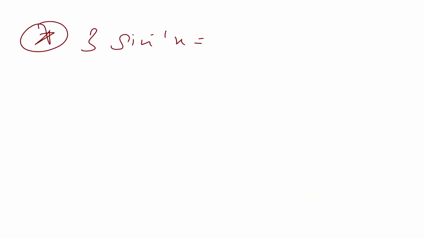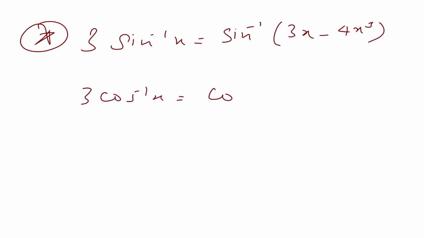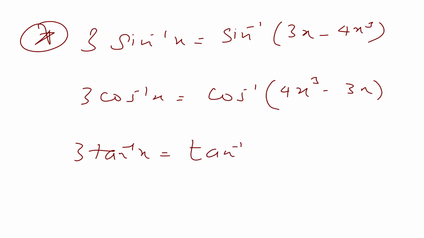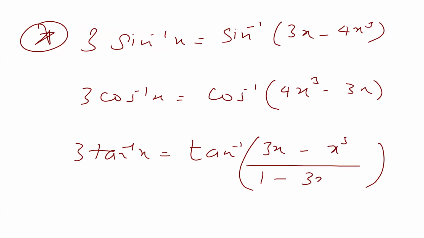3 sine inverse of x is sine inverse of 3x minus 4x cube. 3 cos inverse of x is equal to cos inverse of 4x cube minus 3x. 3 tan inverse of x is tan inverse of (3x minus x cube) upon (1 minus 3x square).